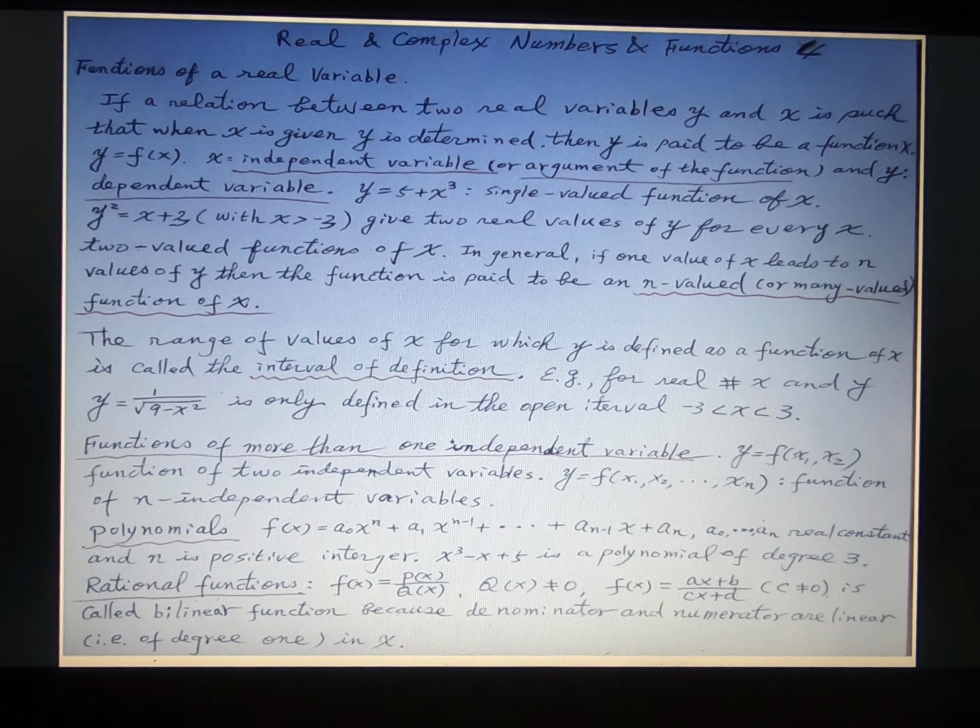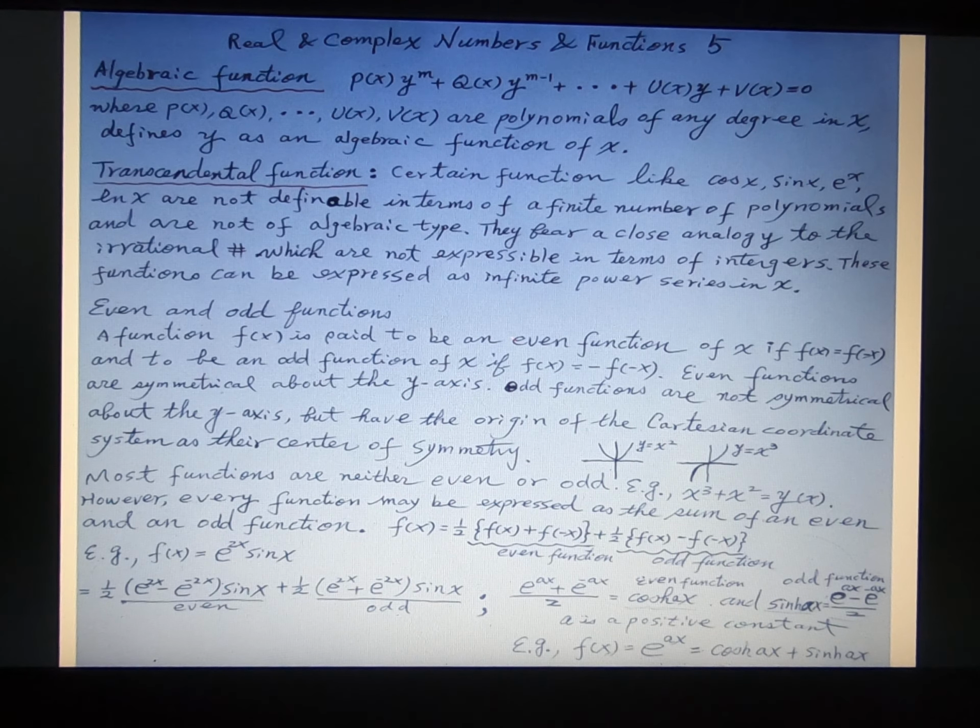So, function of a real variable. If you write down an equation y equals f(x), x is called the independent variable, y is called the dependent variable, and then these are functions.